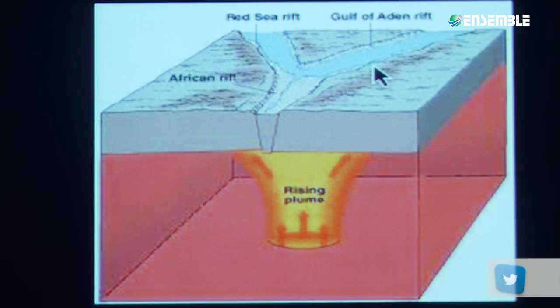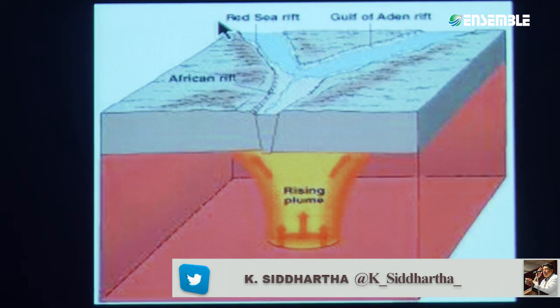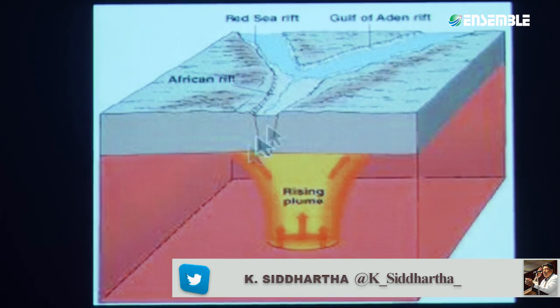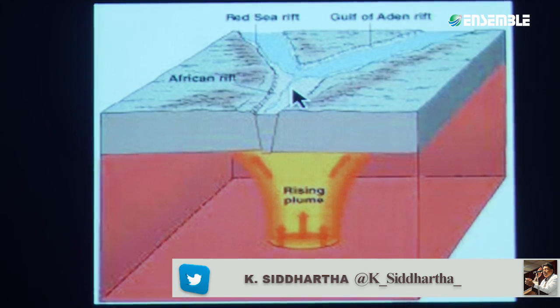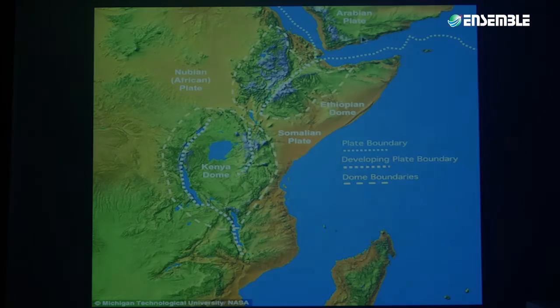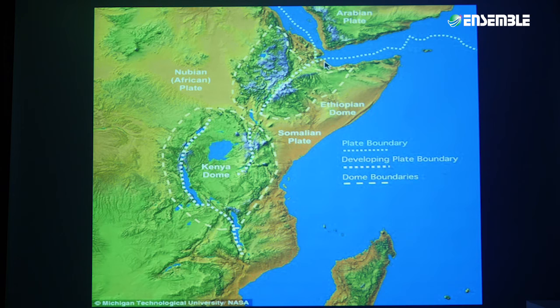Now, one of these cracks is the Gulf of Aden. The other is the Red Sea. And the third is the East African Rift Valley. One of them was the East African Rift Valley, all along this zone, in this place.